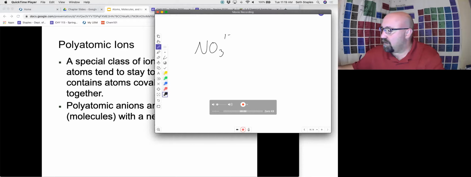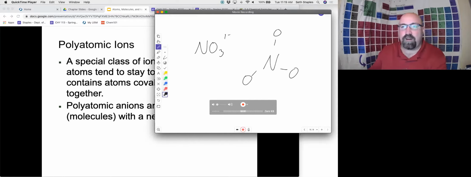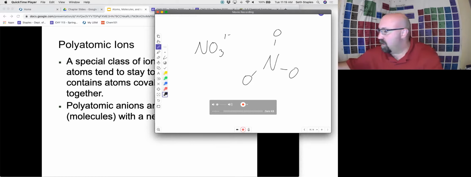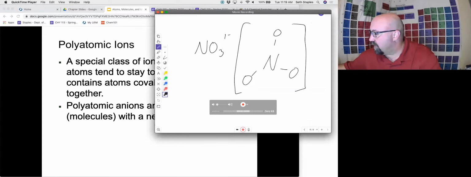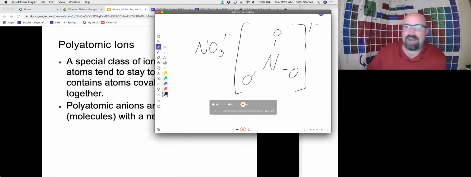Now, what this means is that we have a nitrogen atom connected to 3 different oxygen atoms, and this whole grouping together has a 1- charge associated with it. That's a polyatomic ion.